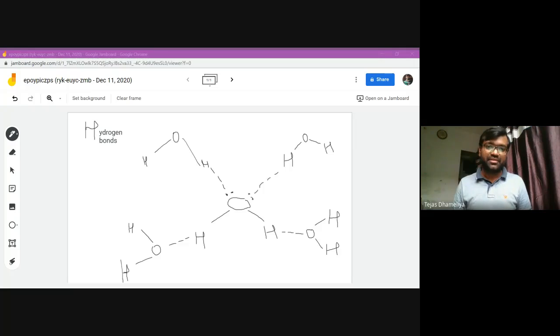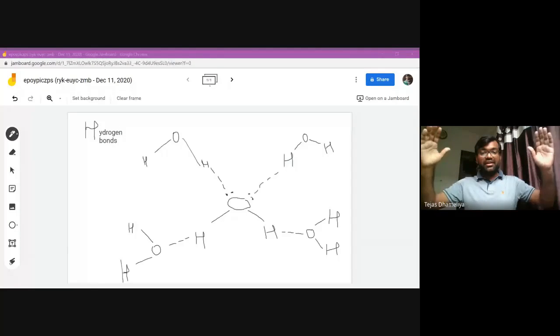And if 1 water molecule is making 4 hydrogen bonds, then 6.023 into 10 raised to 23 water molecules can make how many hydrogen bonds?